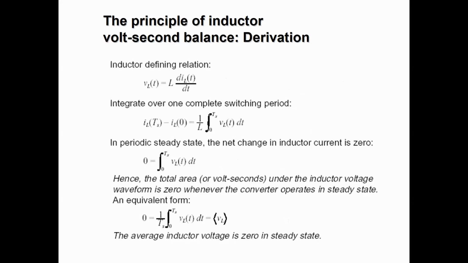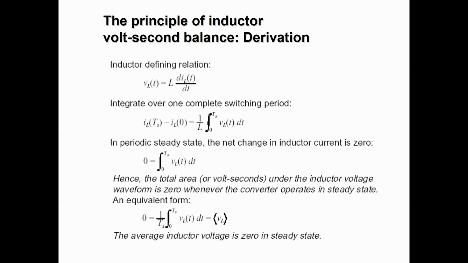Now, what we apply now is the inductor voltage second balance on these equations. One equation we have already, that was equal to (Vg minus V) divided by L, and the other equation was minus V divided by L.